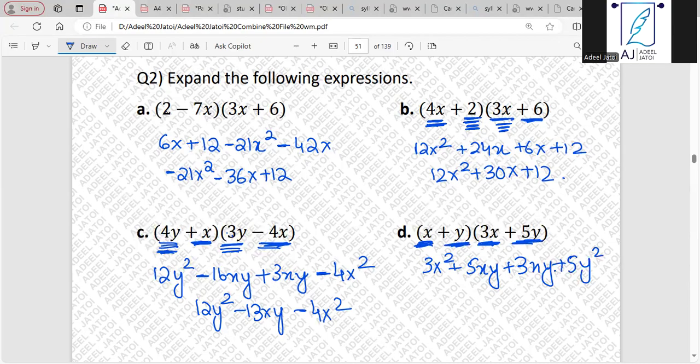Yes, we can write 3xy or 3yx, that doesn't really matter. It's one and the same thing. So this will be 3x square plus 8xy plus 5y square. So this will be the answer for part D.